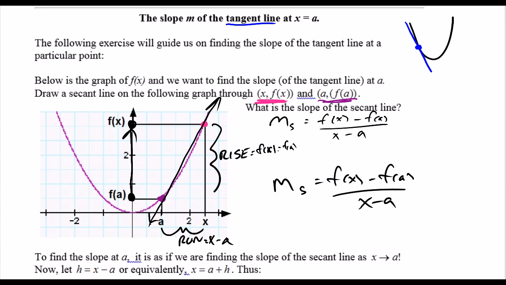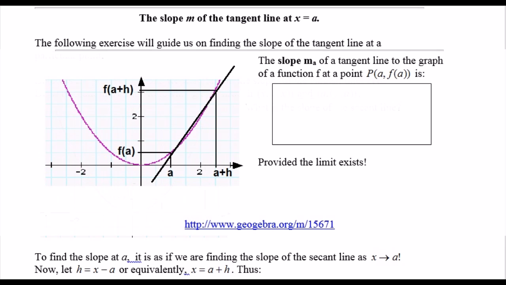All right, so now let's move on to finding the slope of the tangent. Once we have the slope of a secant, we can work with it. We have a starting point, and if we have a starting point, then we can move on. So we have our tangent line, and what we're going to do is find out when our secant line approaches our tangent line.